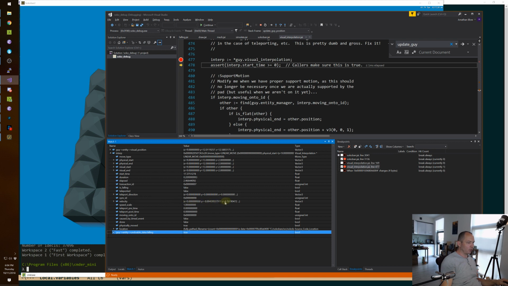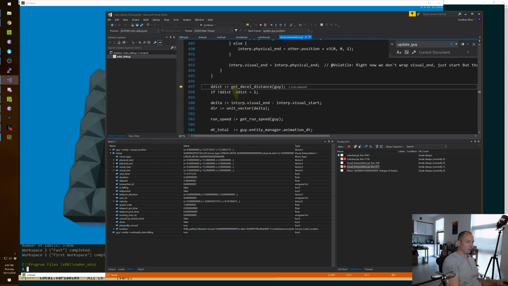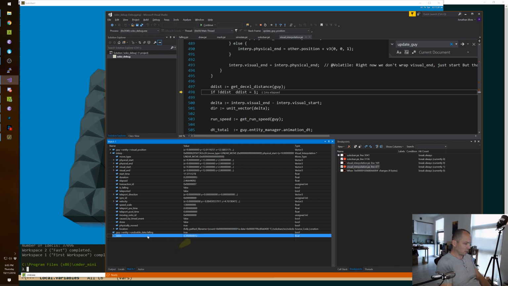But the velocity is upward for some reason. So let's see if something is making that worse or if it was some initial condition that got set wrong. So we're never going to decelerate.